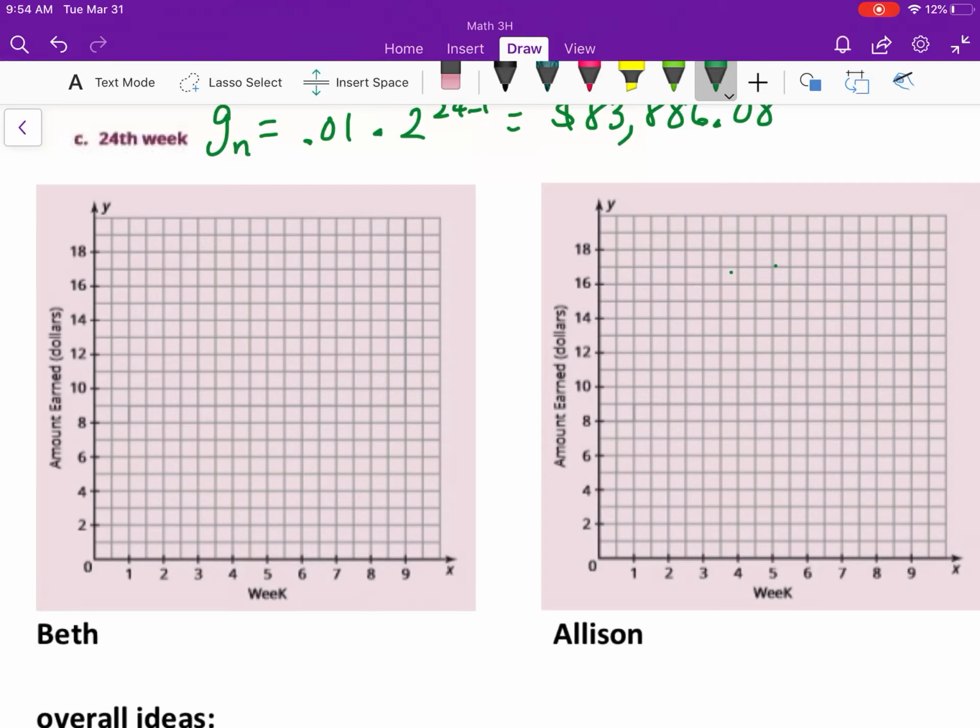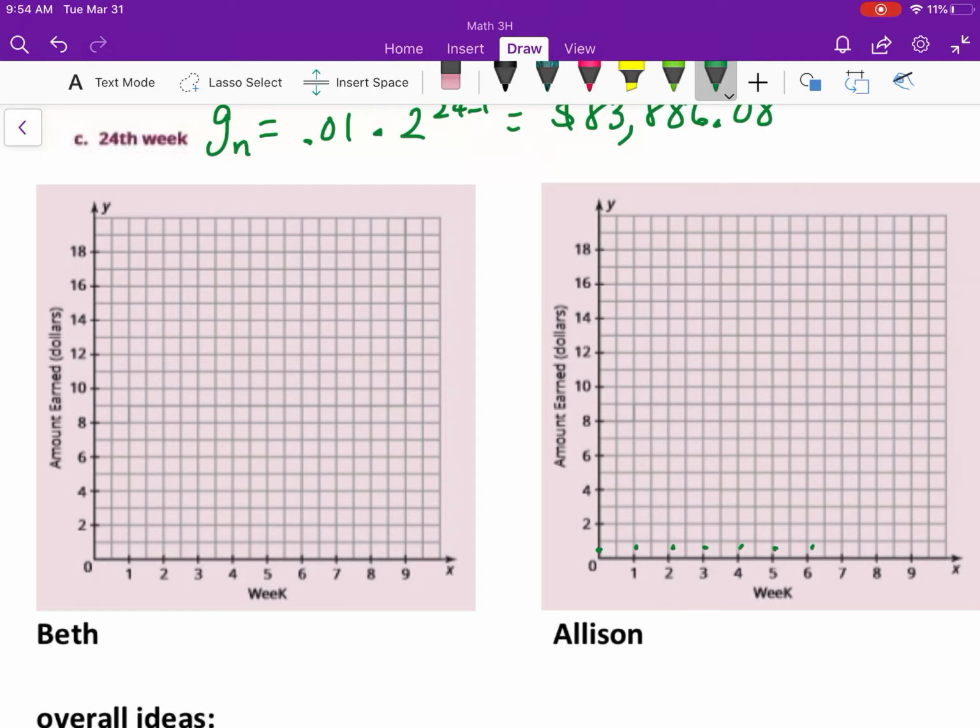So Allison, I'll start with first. Allison starts off at amount in dollars, a penny. Then after a week it was 2 cents. 2 weeks was 4 cents. I mean, we have to wait till we get to $1 even here. 4 cents, 8 cents, 16, 32, 64.